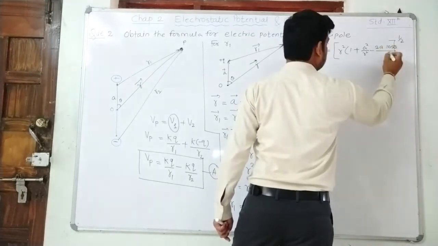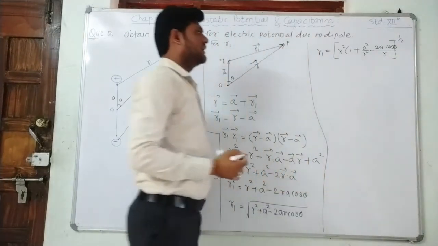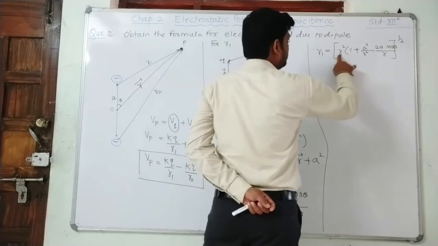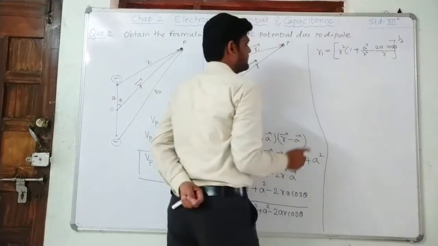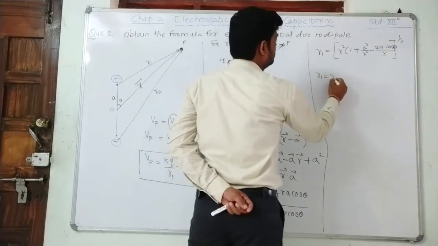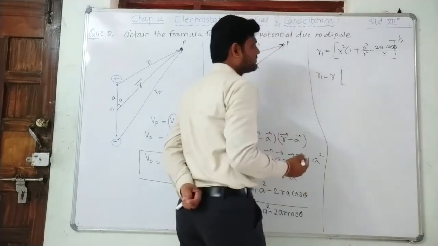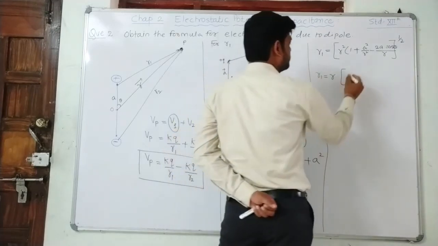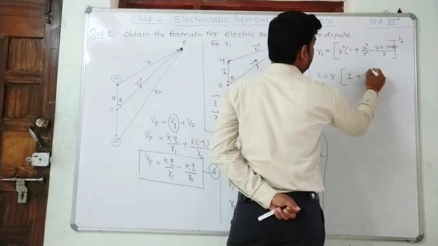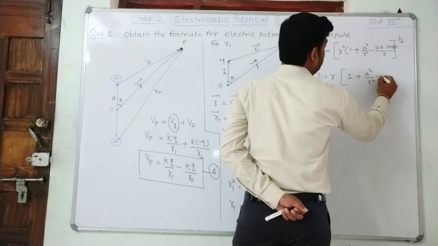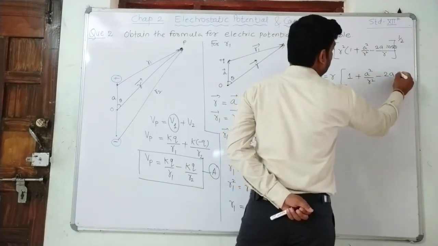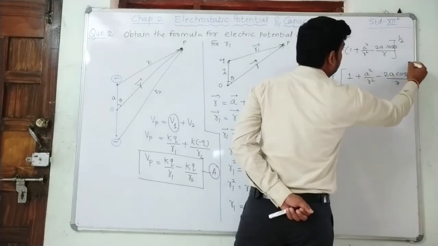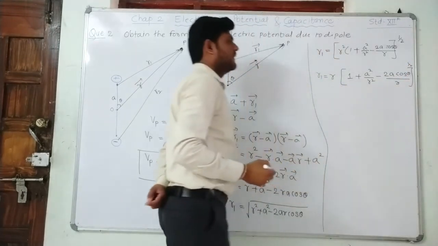This r gets cancelled, only r remains over here. So r square raised to half, take it outside. So r1 equals r, taking r outside from the root, times 1 plus a square by r square minus 2a cos theta divided by r, all raised to half. Correct?